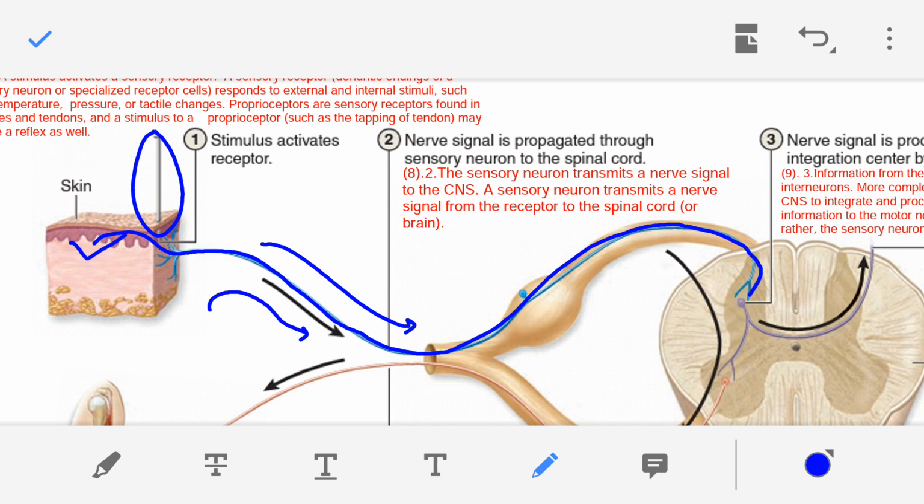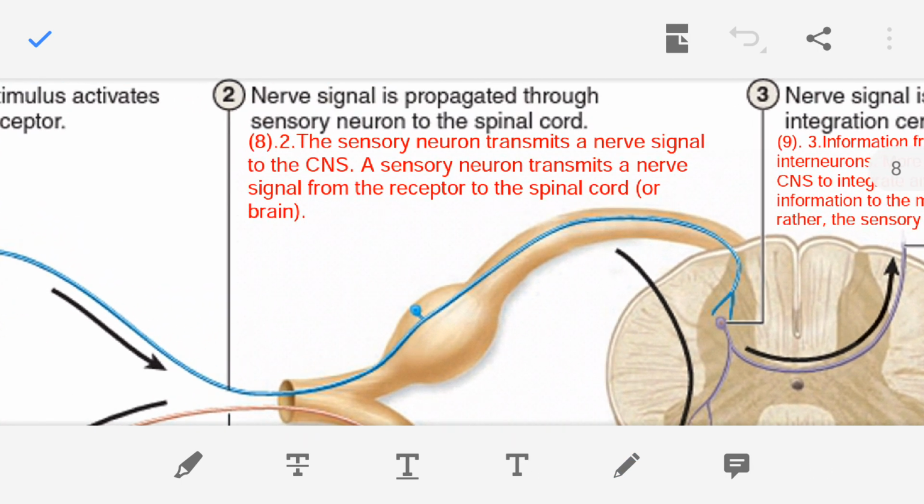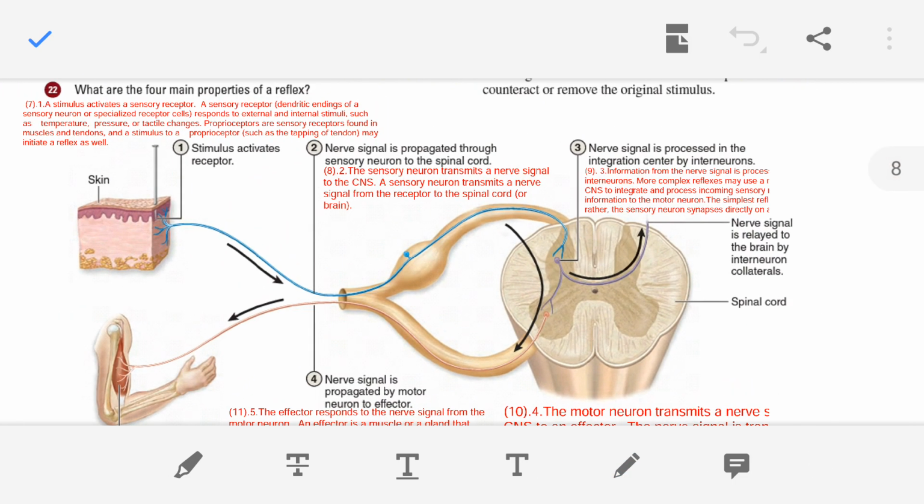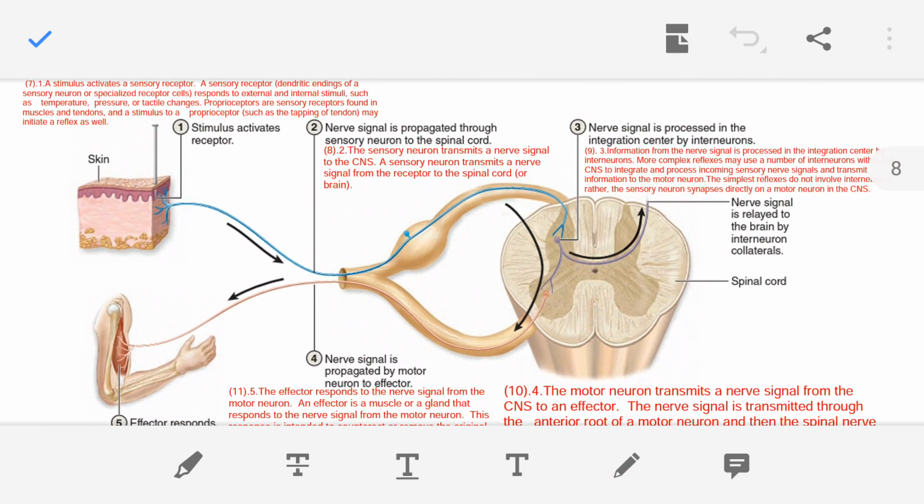So in the second step, the sensory neuron transmits a nerve signal to the CNS. Here the sensory neuron is sending the information to the spinal cord. So the nerve impulse has reached the spinal cord.